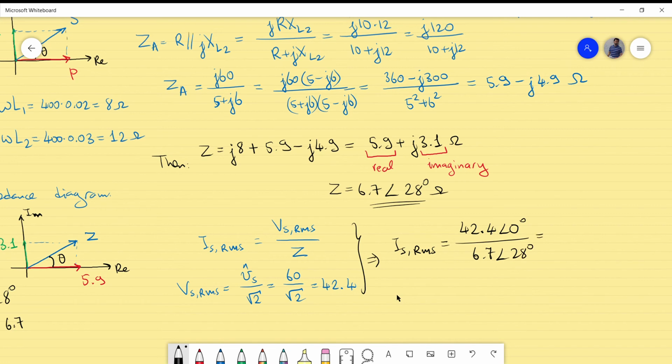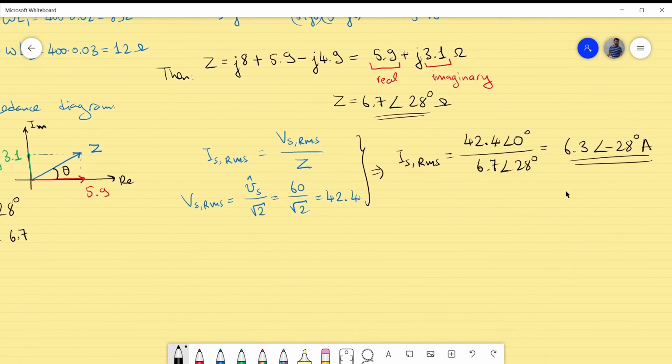And this will bring us to the value of 6.3 phase minus 28 degrees in amperes. So I can already see what the value here is. And this will be a lagging power factor, because the phase of the total current has a negative sign. It's actually very important. So I already know that the power factor will be lagging.